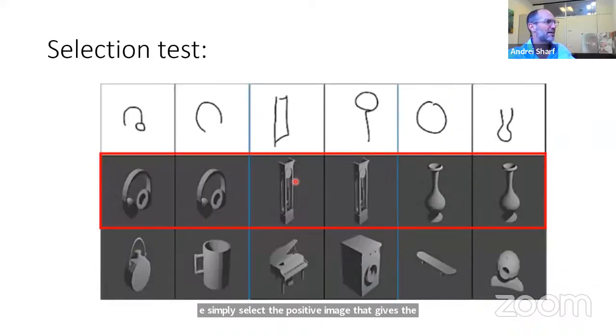Okay, so this is the result. We take a sketch, we take a pair of images, we feed it to the network, and we take the one pair that gives the maximal grade. So here, this is the middle row, these are the images that maximize the triplet loss.